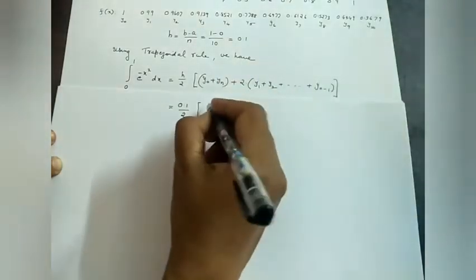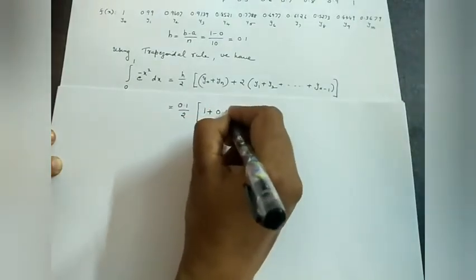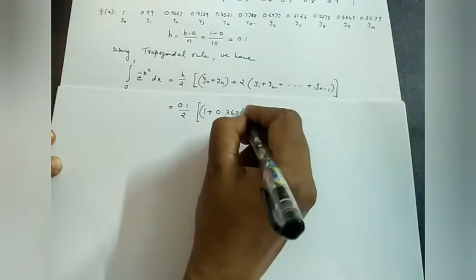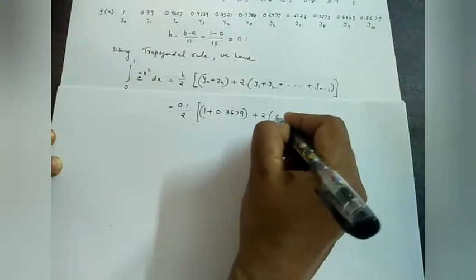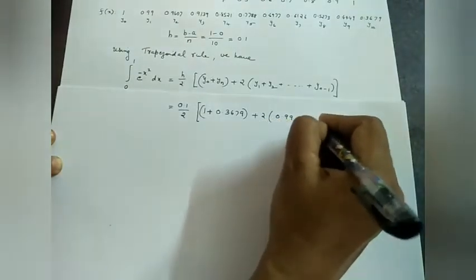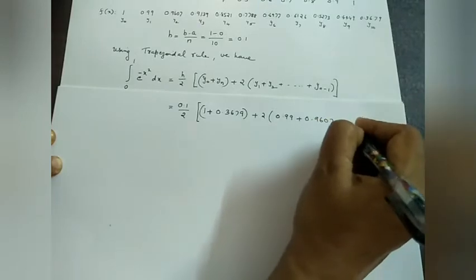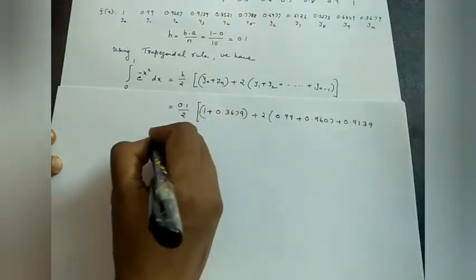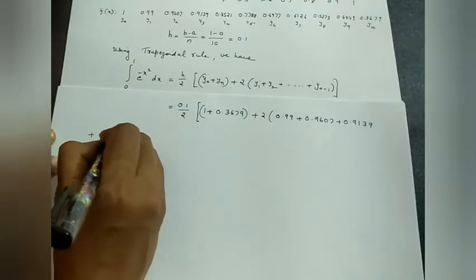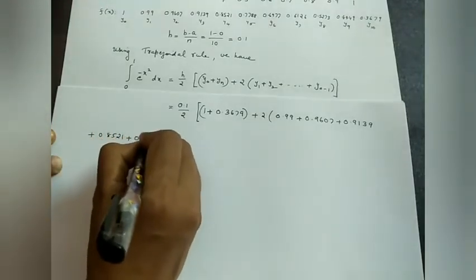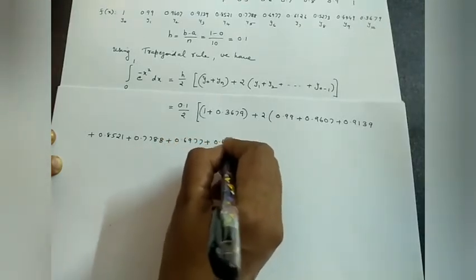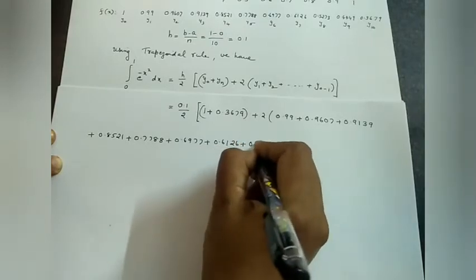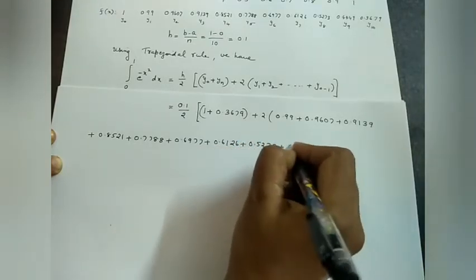That means y0 is 1 plus the last value, y10, 0.3679, plus 2 into the other values of y that extend from 0.99, y1, y2, y3, y4, y5, y6, y7, y8, y9.